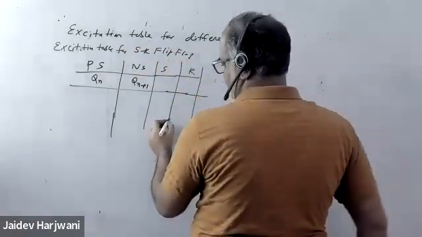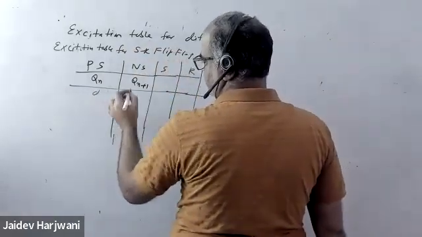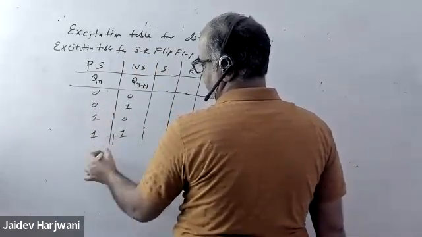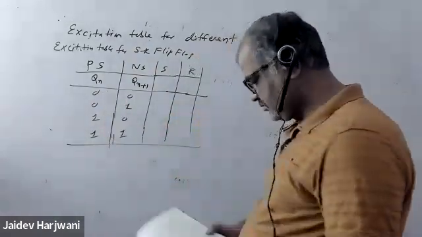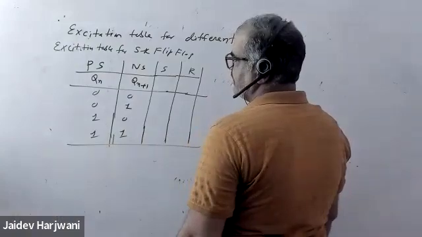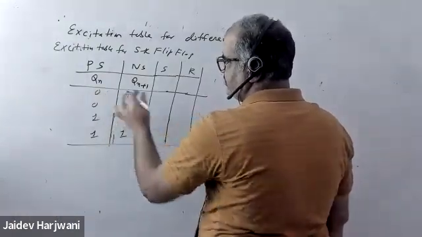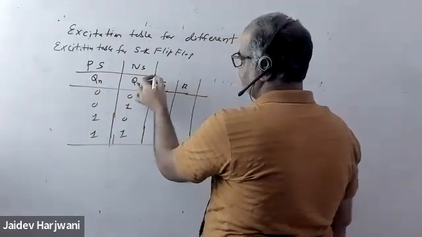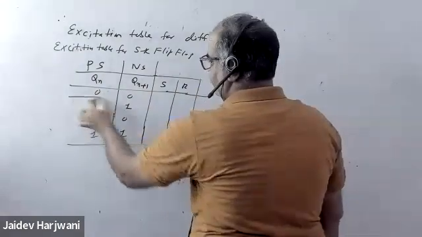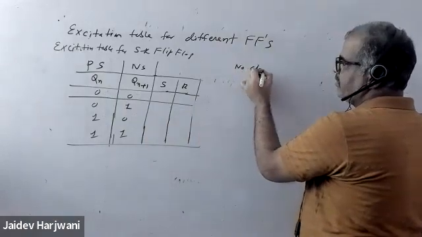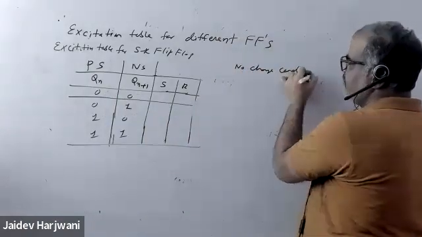So suppose you have 0 to 0, 0 to 1, 1 to 0, 1 to 1. So these are only 4 possibilities. So how can you go from 0 to 0 in an SR flip-flop? 0 to 0 is your no change condition and your reset condition.